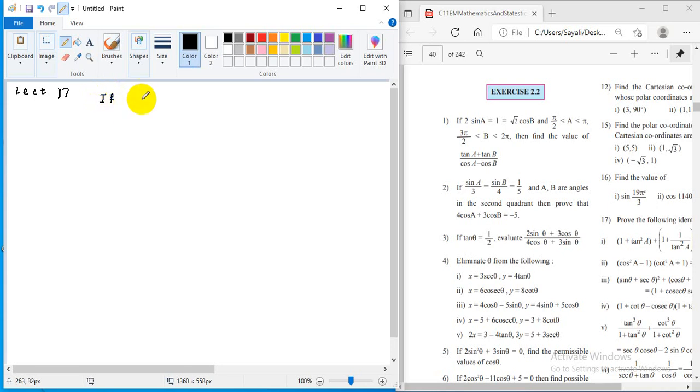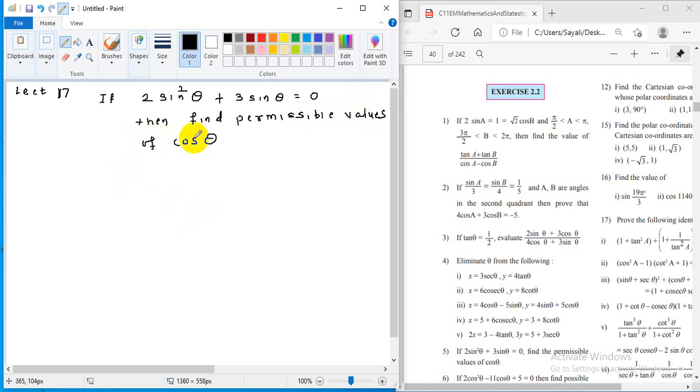So the problem is: if 2 sine squared theta plus 3 sine theta is equal to 0, then find the permissible values of cos theta.